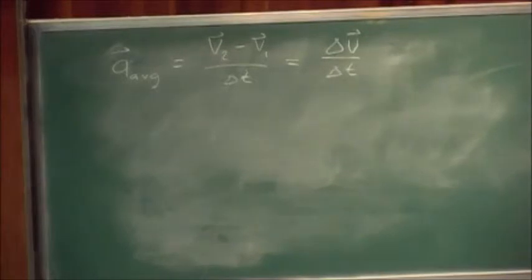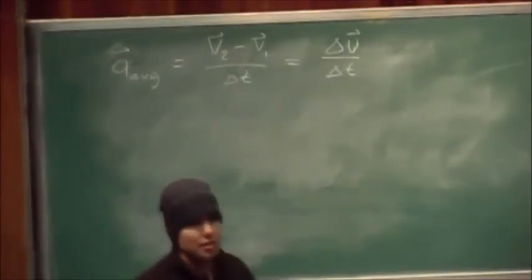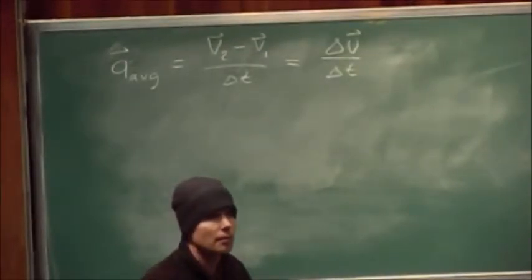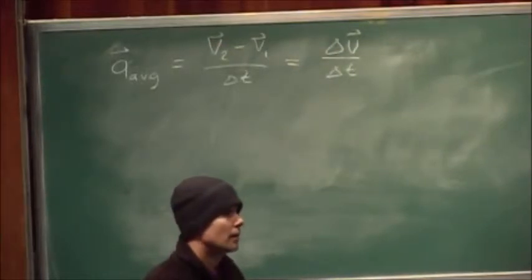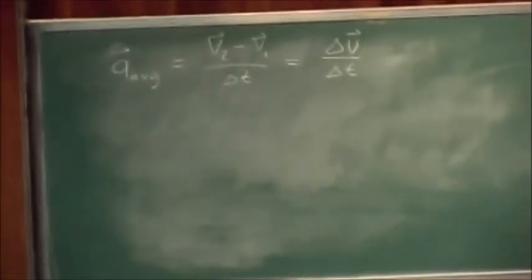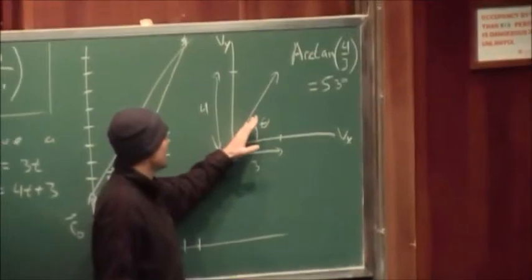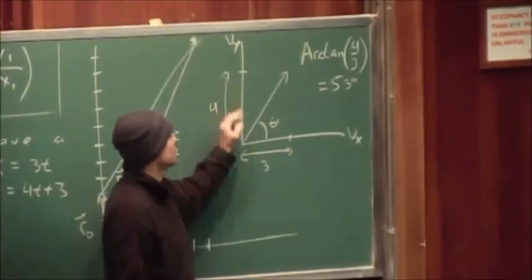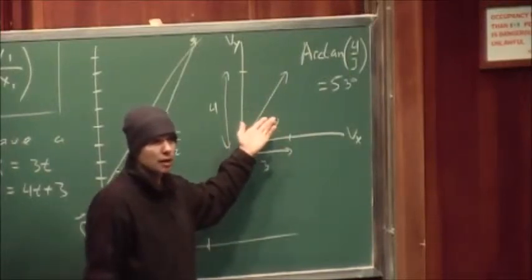Now, in this particular example of x is equal to 3t and y is equal to 4t plus 3, what is the average acceleration? 0. Why is it 0? Okay, good. So the velocity isn't changing as a function of time. So this shows a trajectory here, for example, if I were to launch a projectile, I would say that here's my initial velocity in the x direction, here's my initial velocity in the y direction, but that velocity isn't changing as a function of time.